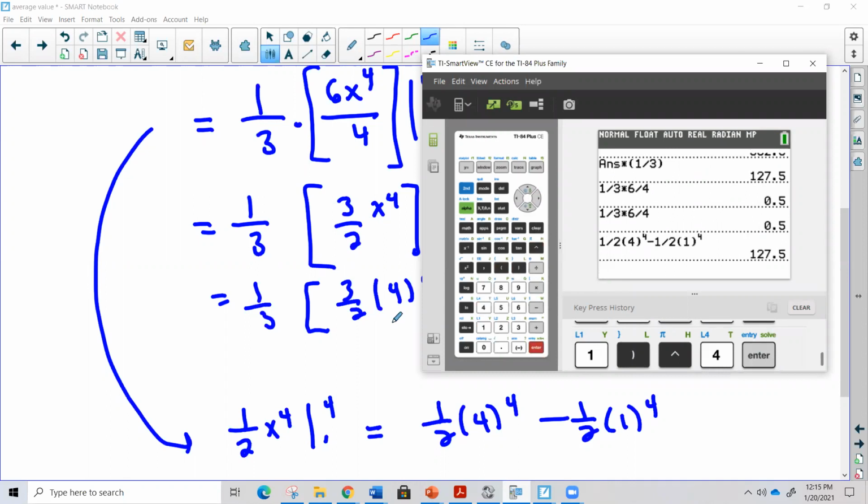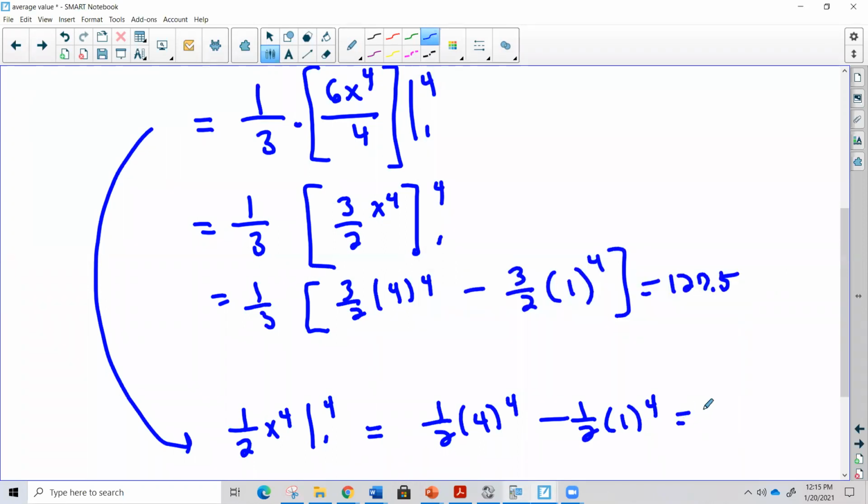And I get the same thing, 127.5. So it's whichever way you want to do it. You can simplify it either way and you get the same answer. But that's how you find the average value. In the next video, I'll do some applications with the average value.